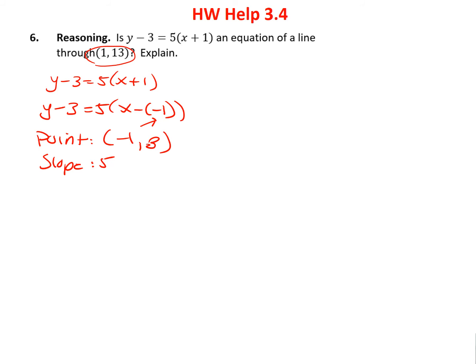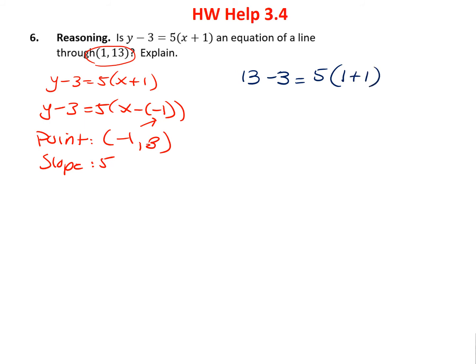So the only way to do it is to plug this point into the equation and see if I get a true statement. So let's do that. We'll start off here with y. y is 13. So I have 13 minus 3 equals 5 times, and my x is 1, 1 plus 1.